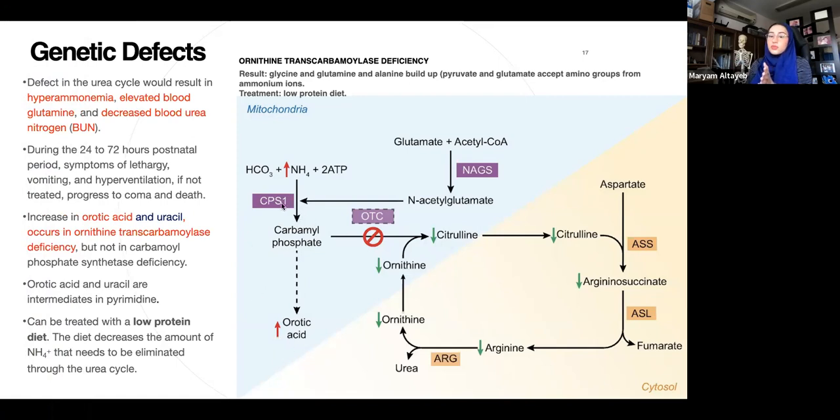Okay? And so when we look at these patients, what can we do to help them, or what can we do to treat them? So what we can do is prescribe them a low protein diet. Since they're babies, they can't have, say, breast milk, so they have very specific formula, like when you mix the powder and the water. And when you have a low protein diet, remember what we said earlier in these principles?